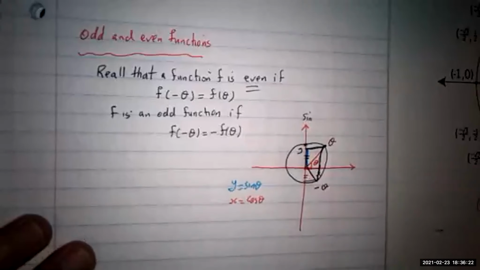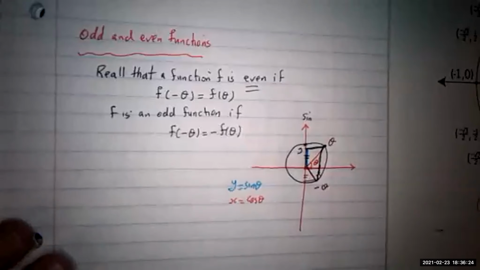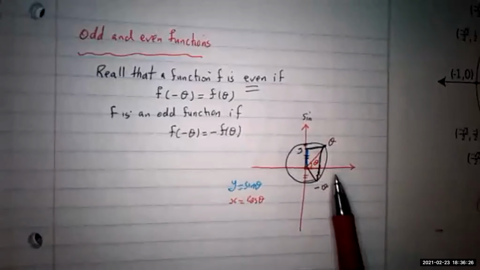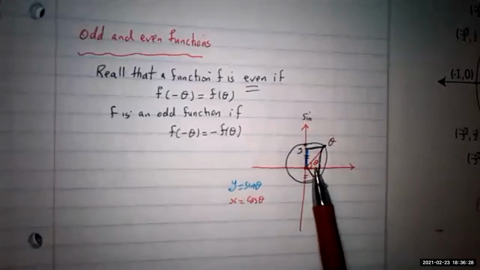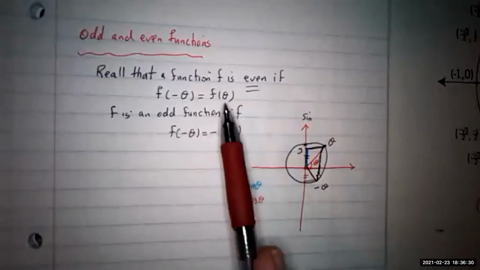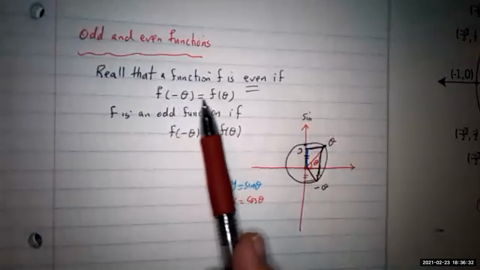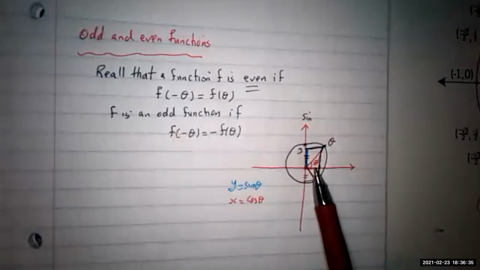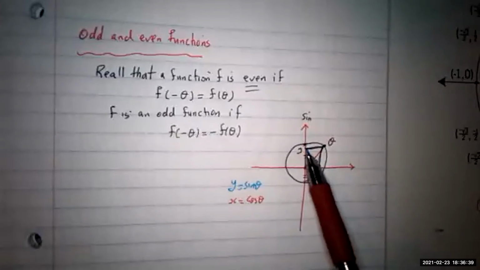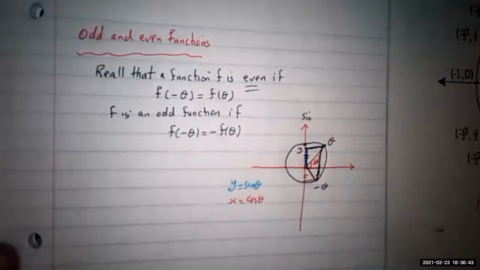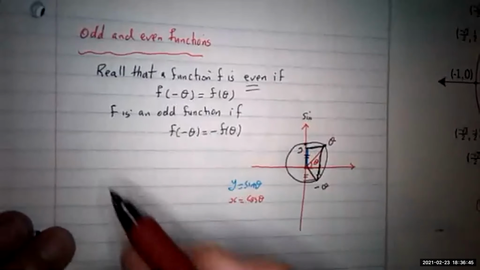So the cosine is an even function, but the sine is an odd function because they are opposite of each other. Sine of negative theta is negative sine of theta.